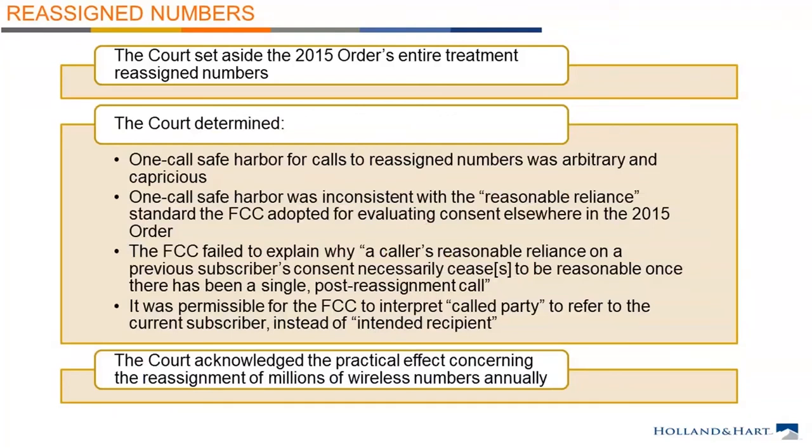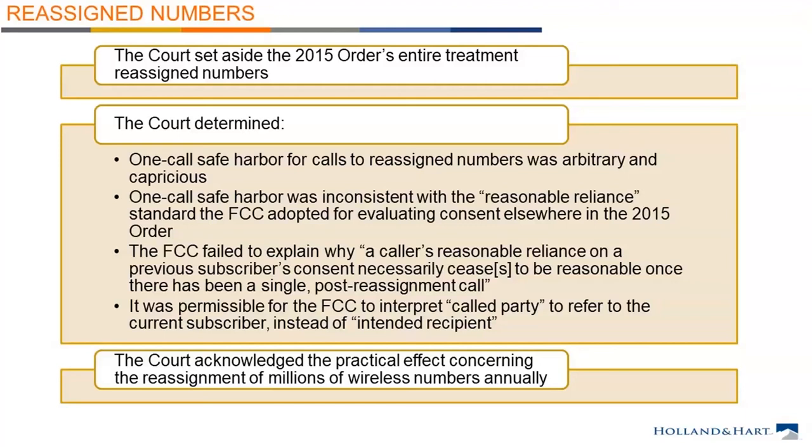It was inconsistent. They basically determined that the 2015 order was internally inconsistent because the reasonable reliance standard that the commission used to justify a one-call safe harbor was inconsistent with their evaluation of consent elsewhere in the order. And the FCC was criticized for its one-call safe harbor.